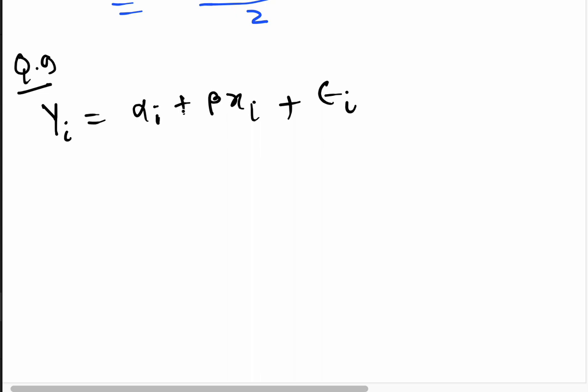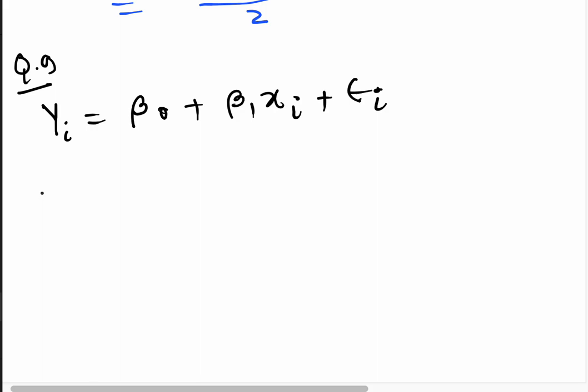What are the least square estimates? Suppose that this is beta 0, this is beta 1 xi plus epsilon i.